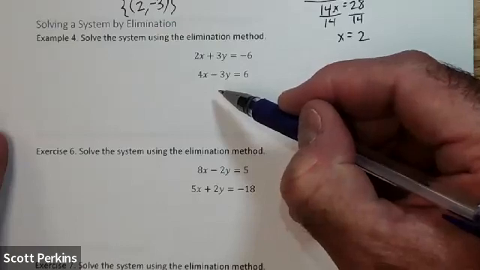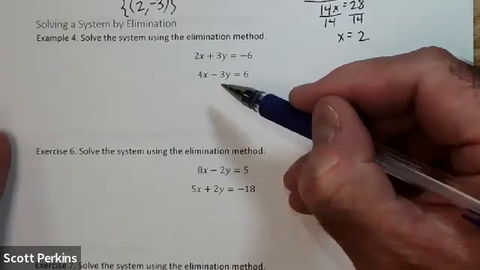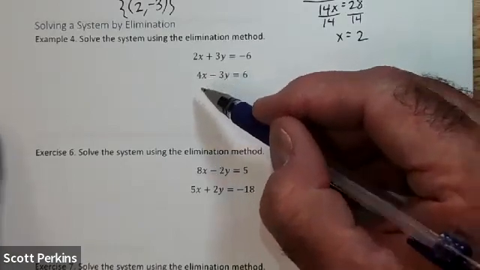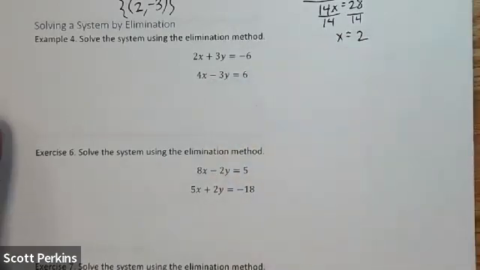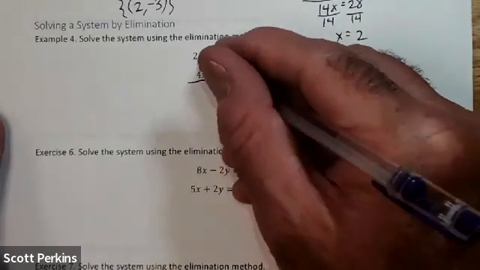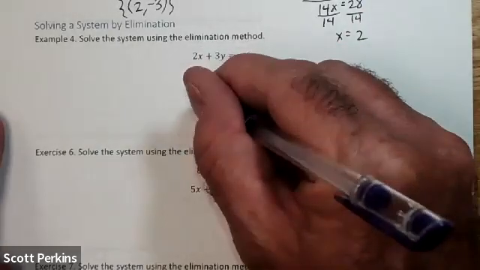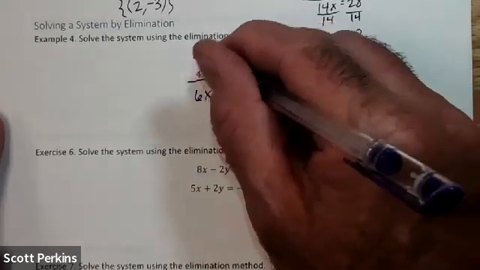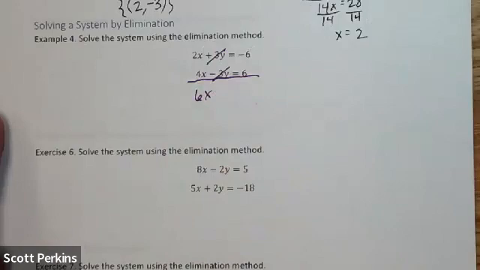That's what elimination means. I want to set my problem up so that when I add the equations together, one of the variables cancels out. So let's just add these up now. 2x plus 4x is 6x. Positive 3y minus 3y, those cancel.